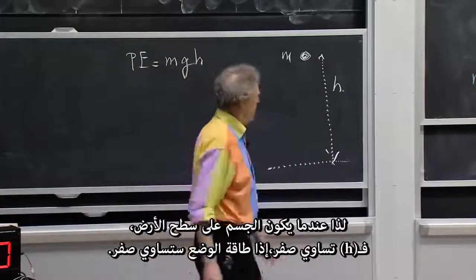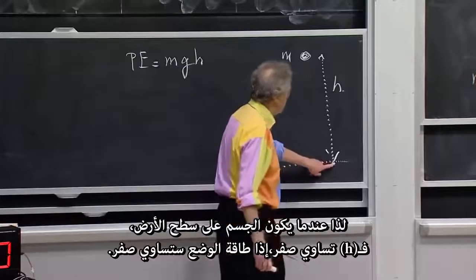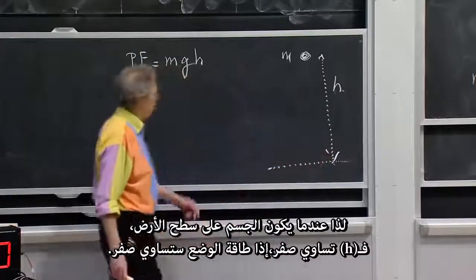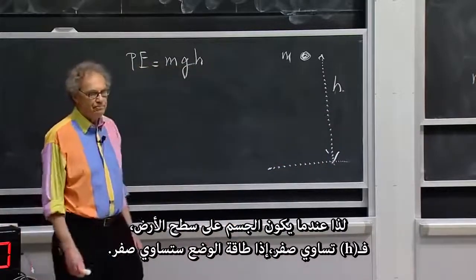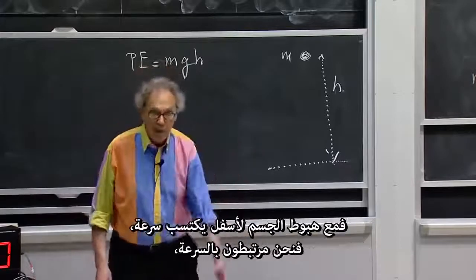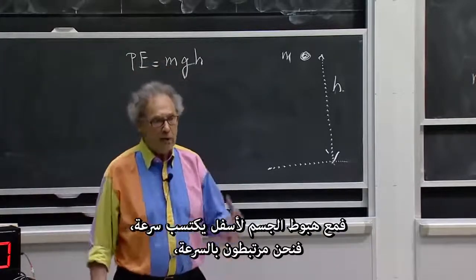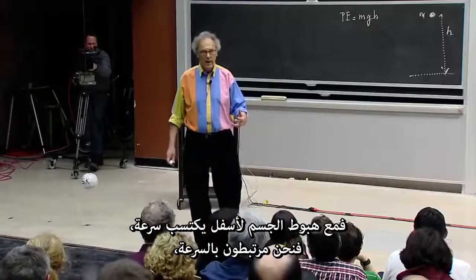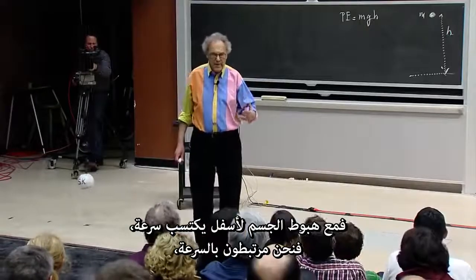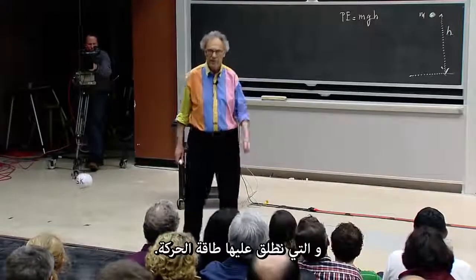So when the object is here on the floor, h is 0. So there is no potential energy. As the object goes down, it picks up speed. And we associate with speed energy, which we call kinetic energy.